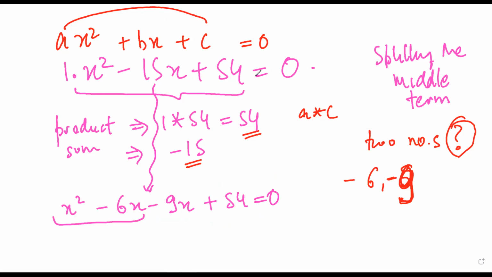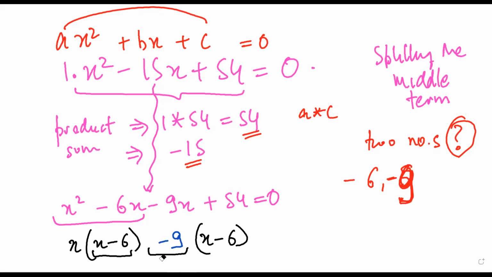What would be the common factor? Now it will be x. I'll repeat this x minus 6 here. What should I write here, Mr. Sarthak? Minus 9.